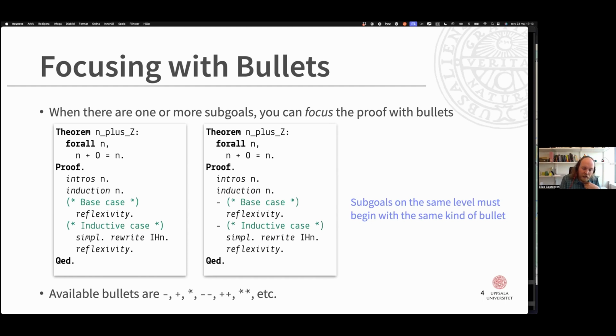So there's basically no excuse for not focusing your proofs, as far as I'm aware. Some people write their proofs as the example on the left, even professional academics do this, but I don't have a good motivation for why you should do this.